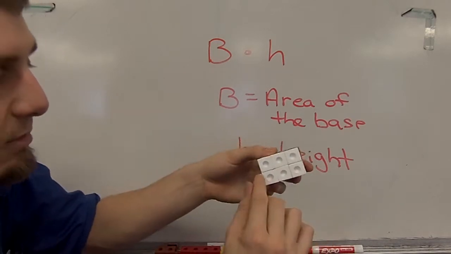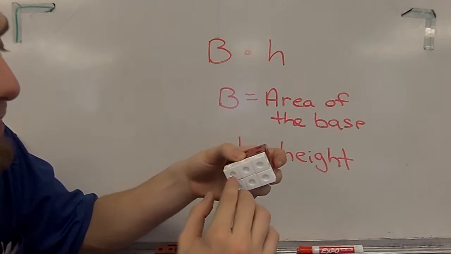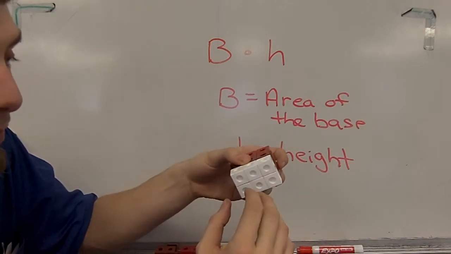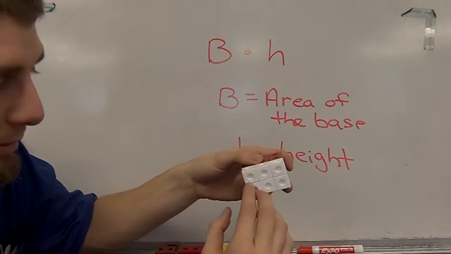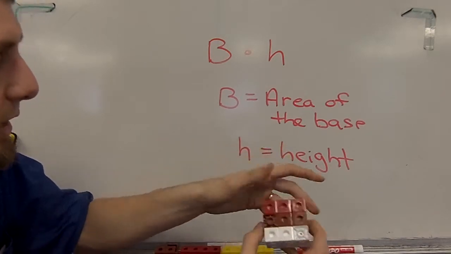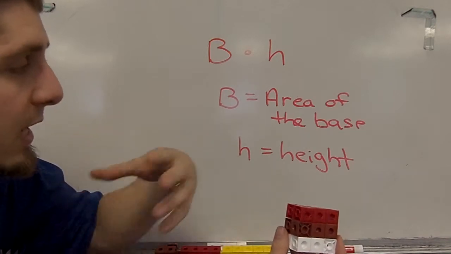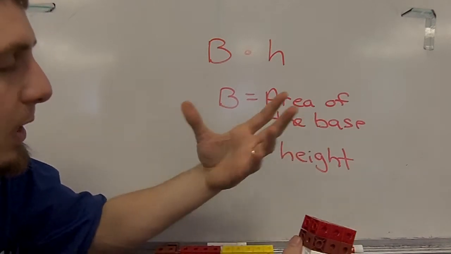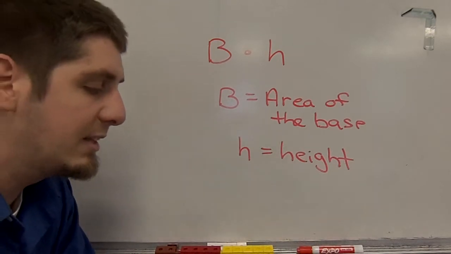So by finding the area of the base, what I'm actually discovering is how many cubes are in each layer of my figure. That'll tell me how many cubes are in each layer, and then the height itself represents the number of layers. If you have a height of 5, you have 5 layers. If you have a height of 7, you have 7 layers. If you have a height of 8, you have 8 layers.